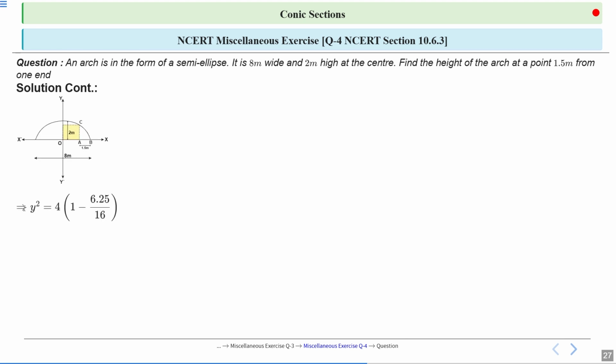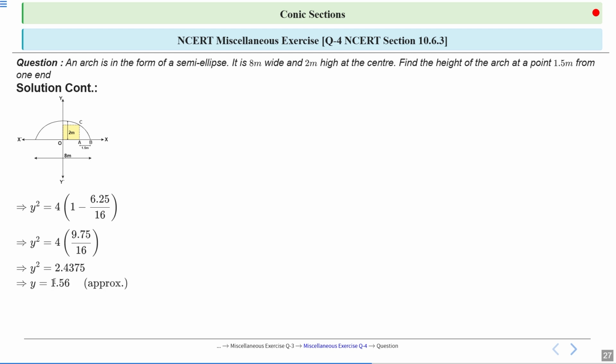So it implies y square is equal to 4 times 1 minus 6.25 upon 16. And it implies y square is equal to 4 times 9.75 upon 16. It implies y square is equal to 2.4375.